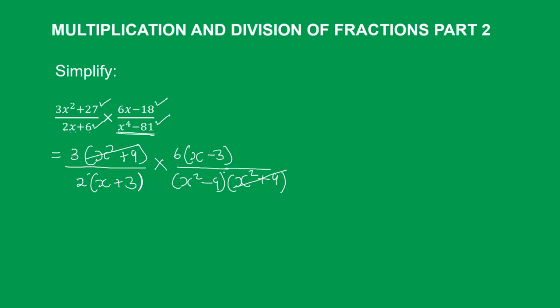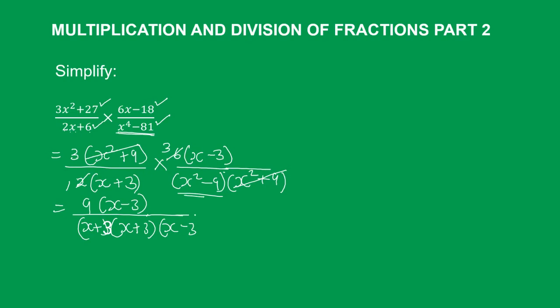And then 2 into 2, 1. 2 into 6 is 3. And then we can have numerator 3 times 3 is 9. We have 9, then x minus 3. And then the denominator we have x plus 3 over x plus 3. And then x squared minus 9 is x plus 3, x minus 3, because it's difference of two squares there.